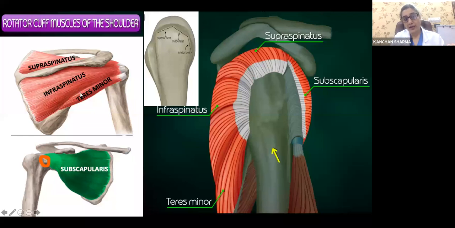Now, if you look at the arrangement of these muscles, this is on the top, this is at the middle, and this is lower, right? So this is how they will be attaching themselves on the facets which are present on the top of your greater tubercle of your humerus. Fine. So here you will be having the attachment of supraspinatus, then infraspinatus, and then teres minor.